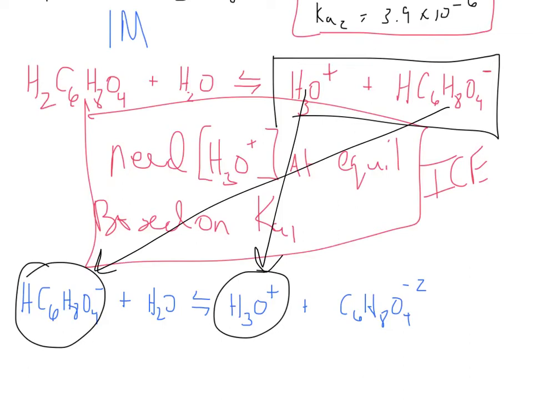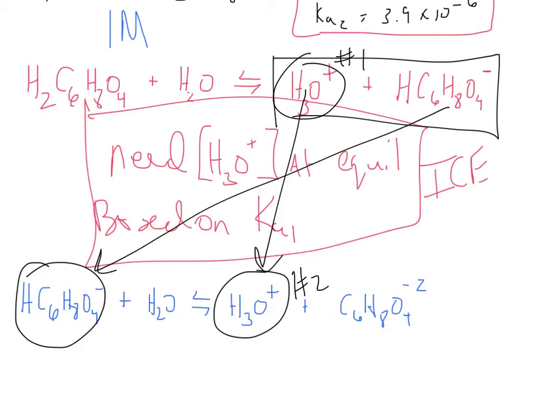When I set up my second ice table, that's where I get my values to stick everything in. I would have to solve the first ice table, then use the values of my hydronium and my conjugate base, stick them into the second ice table, and I would get a second value of hydronium. This is what I'm really concerned with, this value right here. I'm going to call this number 2, and the one up here number 1.